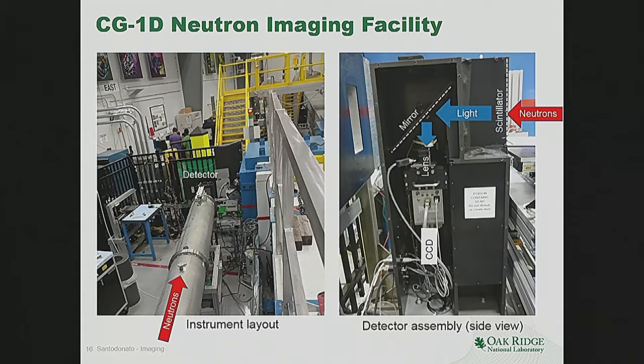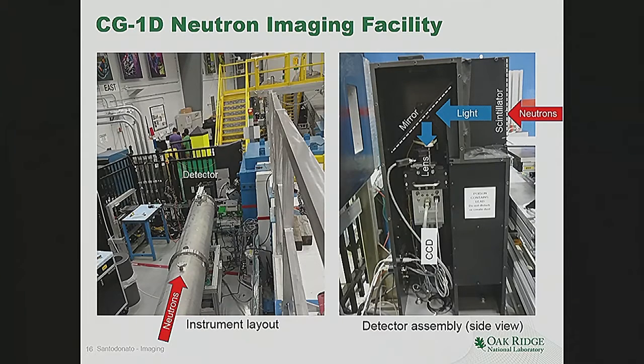Over on the right is a photograph of our main workhorse detector, and I've overlaid some notes. So the neutrons are incident on this scintillator screen, which is an aluminum plate, and the backside of that plate is coated with a scintillating material that contains lithium-6. That scintillator is within this light-tight box.